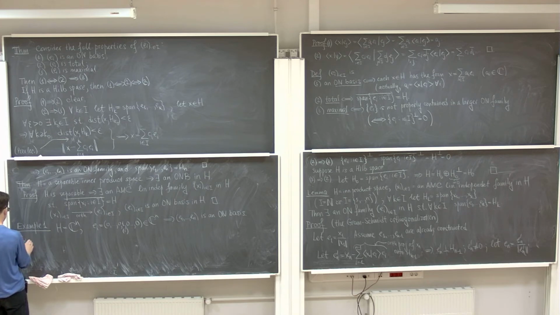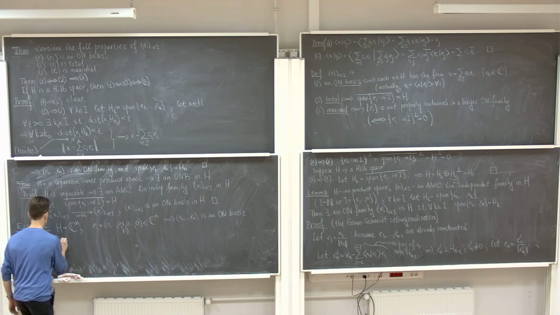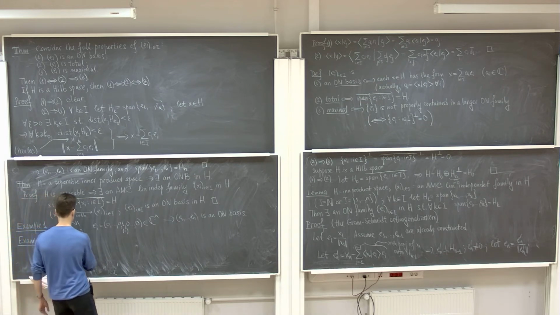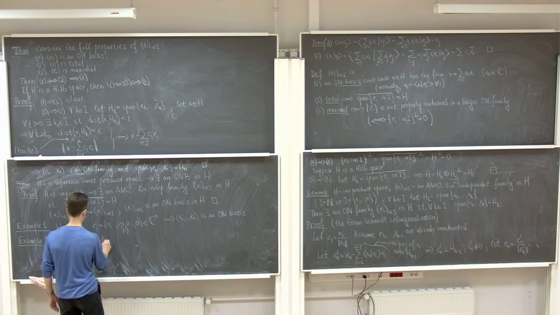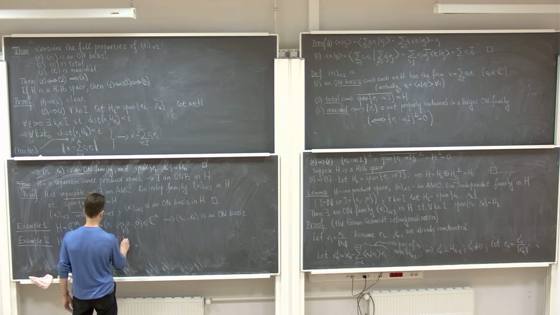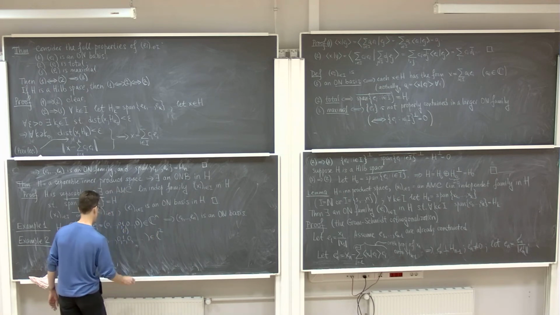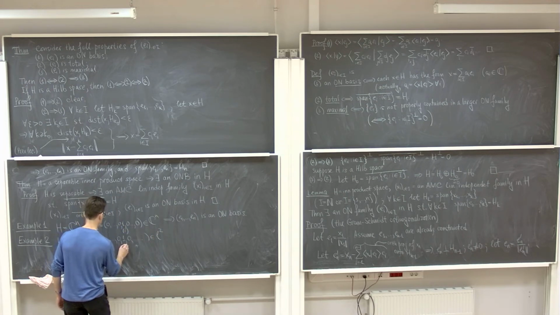Example 2. Suppose now that H is the little L2 space of square summable sequences. And similarly, we denote by Ei the following element. Now, it's an infinite sequence in our space with 1 in the ith slot and 0 elsewhere.